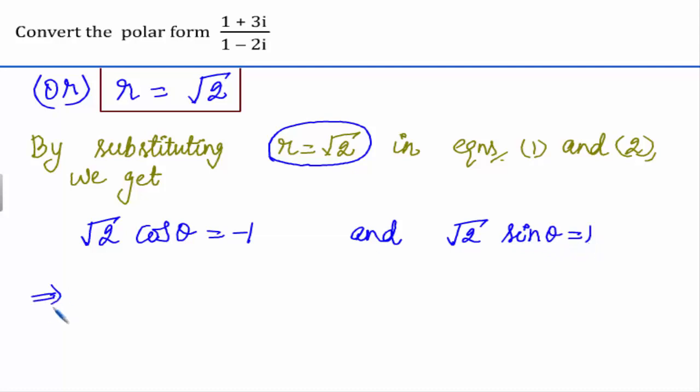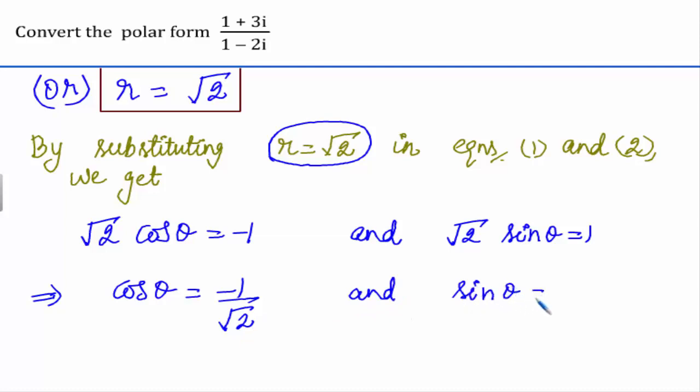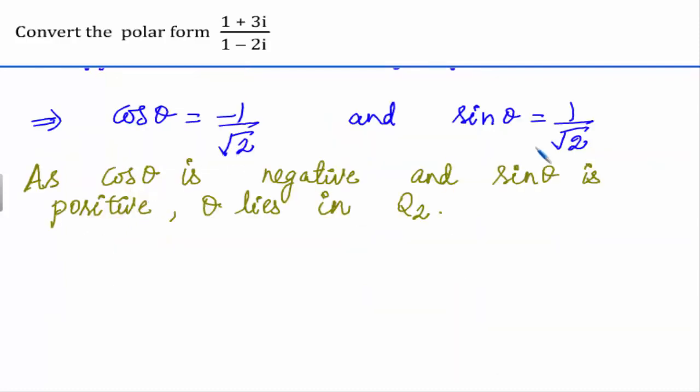This implies cos theta is equal to minus 1 upon root 2 and sin theta is equal to 1 upon root 2. Here we can see that the value of cos theta is negative and the value of sin theta is positive. Therefore, theta lies in the second quadrant.